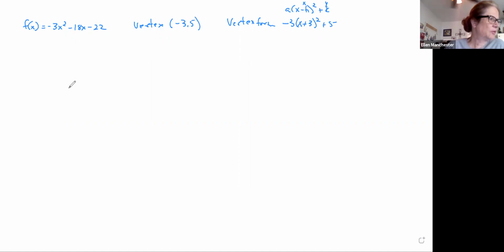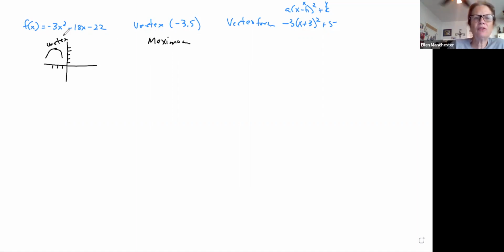And let's see, what else did we have? We have our vertex. Oh, we know that it has a maximum value. Our vertex is at -3, 5. So there's our vertex, and we know our parabola does something like that, which means we have a maximum.